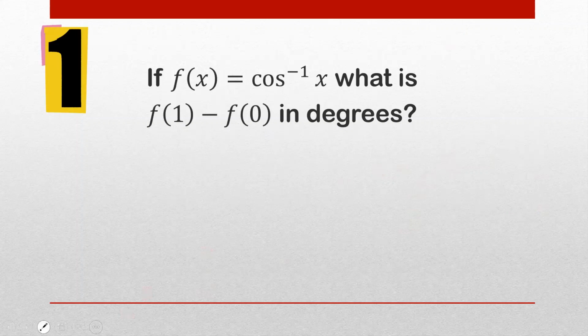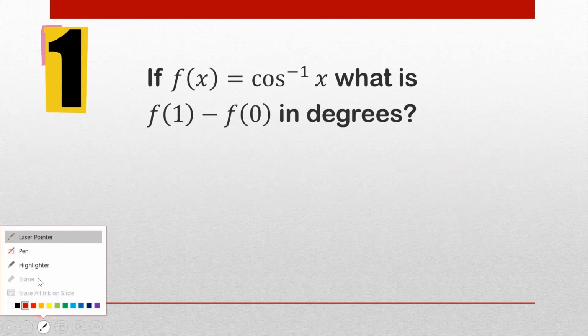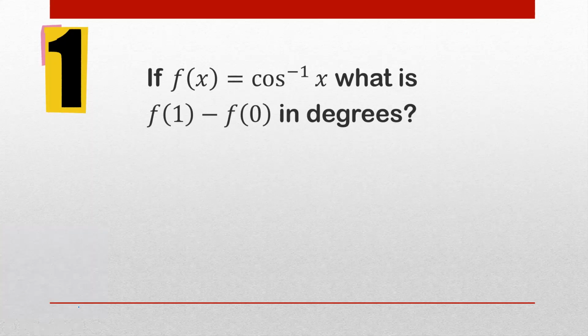If f of x is equal to r cosine of x, what is f of 1 minus f of 0 in degrees? Okay, medyo fast forward ko po yung timer natin.